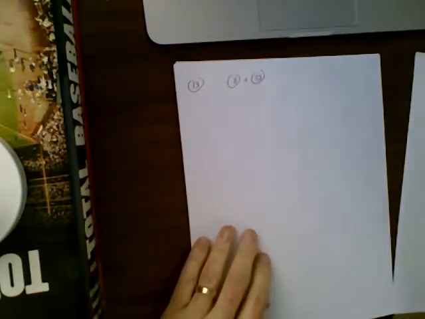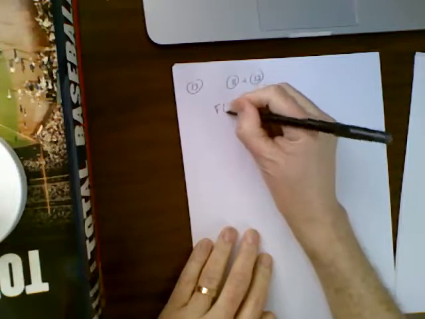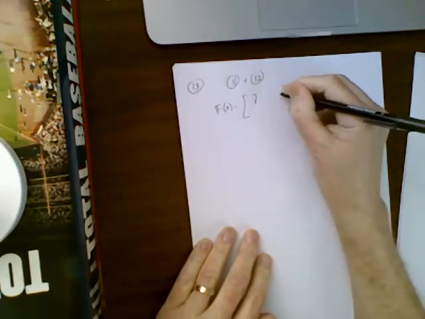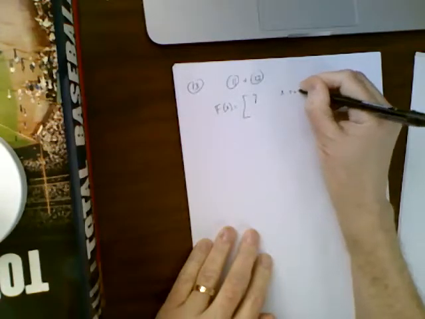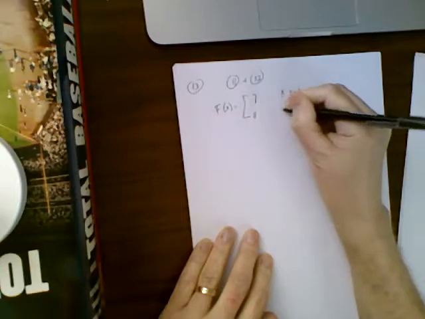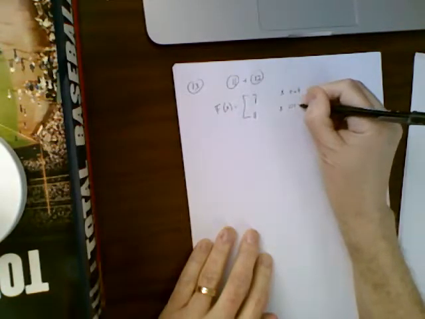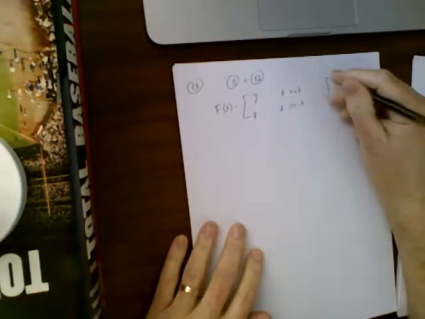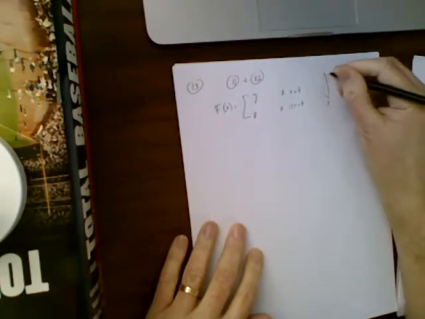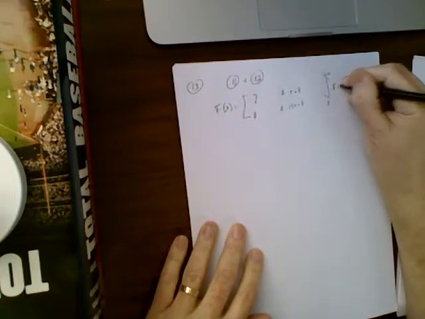In 11, we have f of x is 7 when x is rational, but it's 11 when x is irrational. And we want the upper sum to approximate the integral from 5 to 20 of f of x dx.